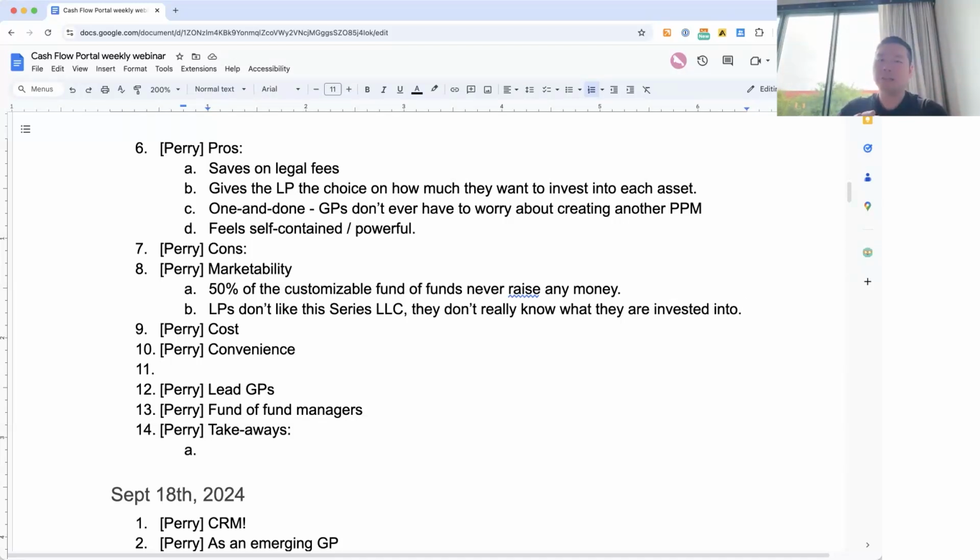But then there is the master fund LLC that's governing it. They're confused. Whereas with a syndication, you know exactly what you're investing into. The LLC owns the asset, period. There might be a manager that manages the LLC, but that's it. If anything happens to it, they have their own bank account, right? Here, it gets a little bit confusing.